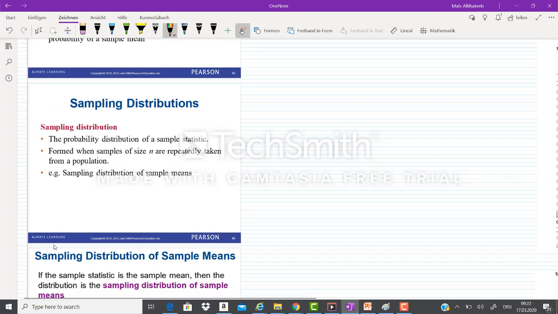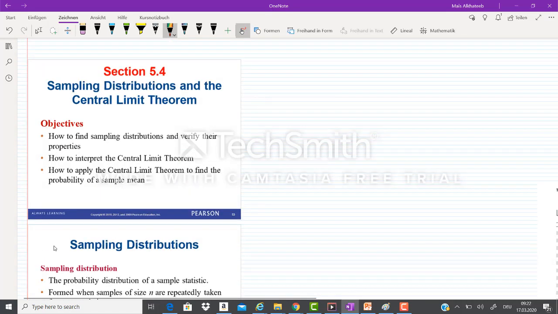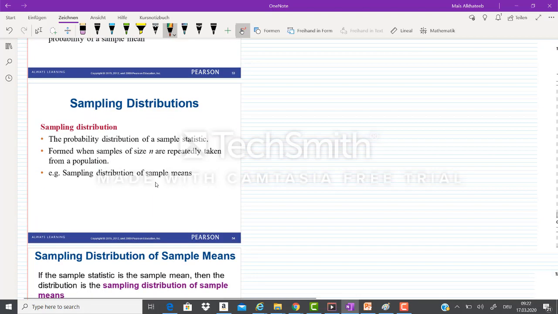First, sampling distribution, then the central limit theorem, then application of the central limit theorem. A sampling distribution is the probability distribution of a sample statistic formed when samples of size n are repeatedly taken from a population. This is the sampling distribution of the sample mean.